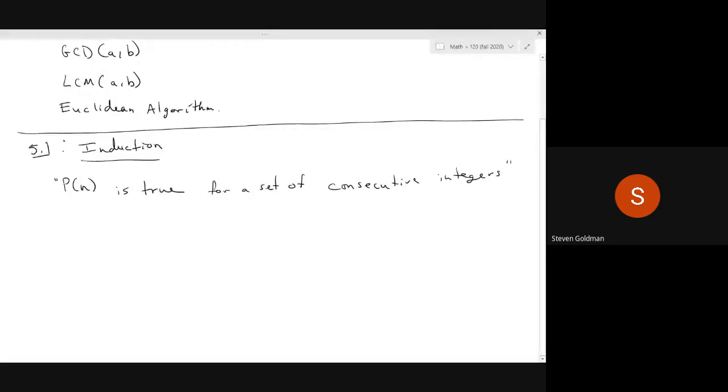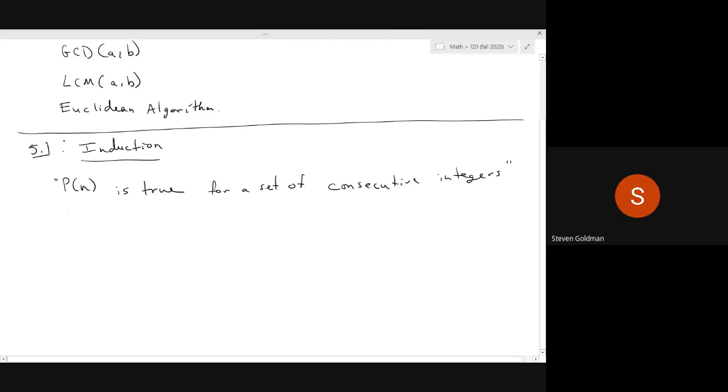For example, P of n is true for all positive integers, meaning the integers from 1 and up, or for all non-negative integers, so from 0 and up, or for all integers greater than or equal to 10. Any statement like that, we can prove it's true using induction.